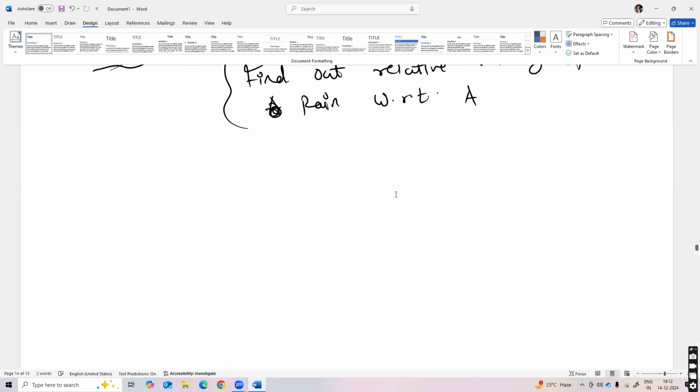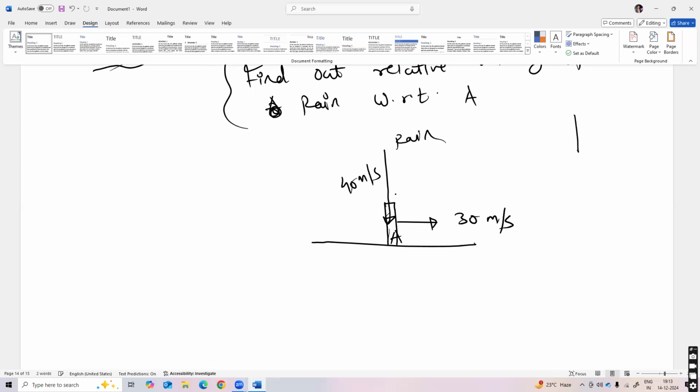In this case, if this is the ground and there is a person moving at a velocity of 30 meter per second, and rain falling at a velocity of 40 meter per second, we have to find the relative velocity of rain with respect to that person A. First, you can divide this problem into x and y axes.